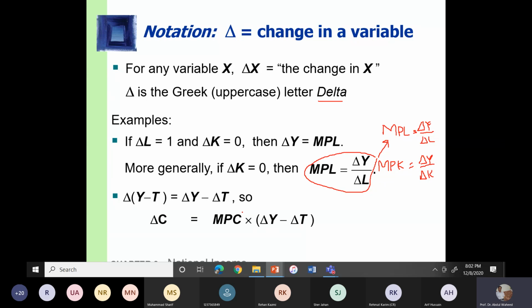We take this and multiply it by the marginal propensity to consume, and we get the change in consumption. This multiplies with this, and this also multiplies with this. That's why we have MPC times delta y minus MPC times delta t.